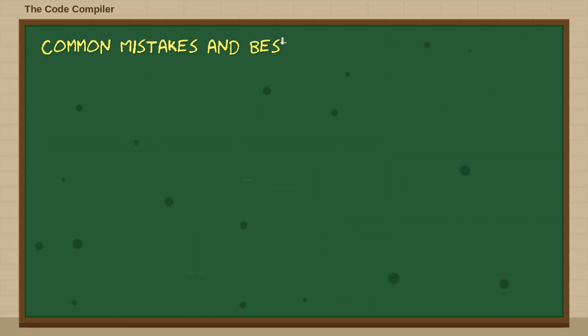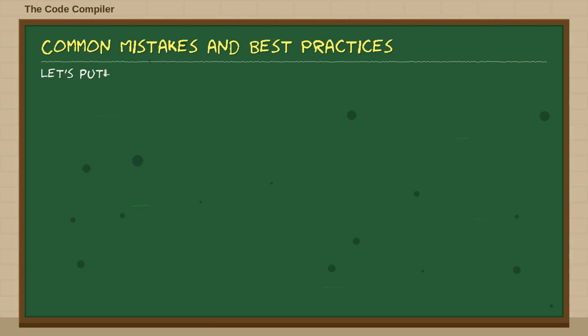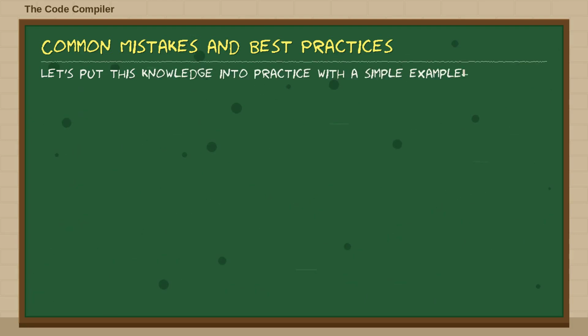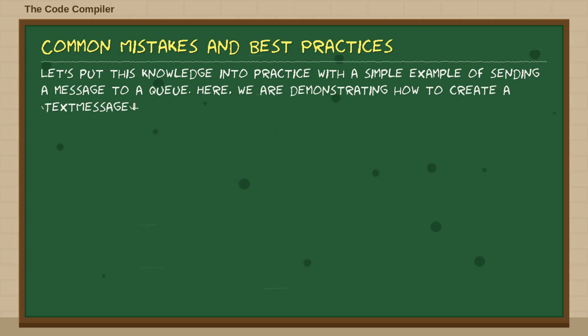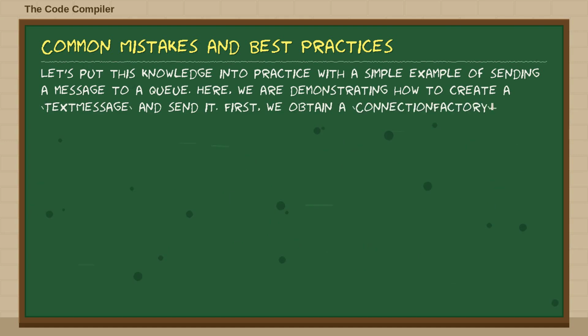Let's put this knowledge into practice with a simple example of sending a message to a queue. Here, we are demonstrating how to create a text message and send it. First, we obtain a connection factory and then establish a connection to the JMS provider.